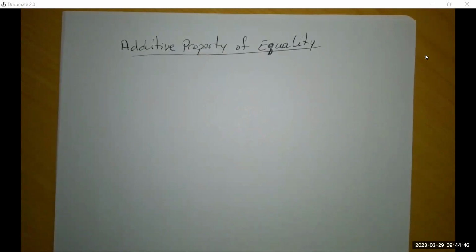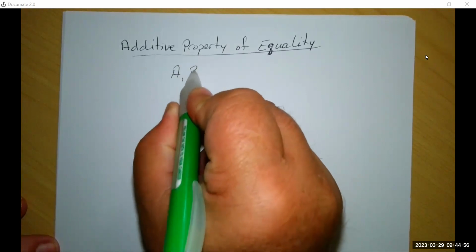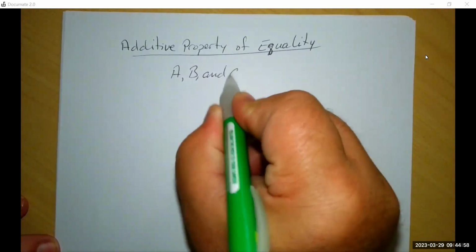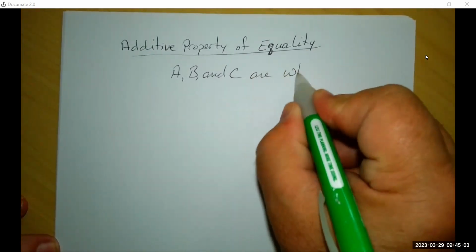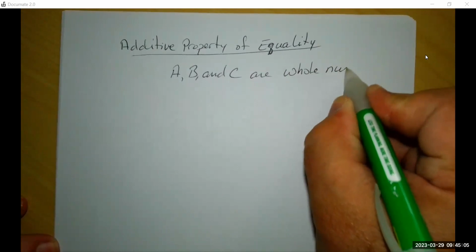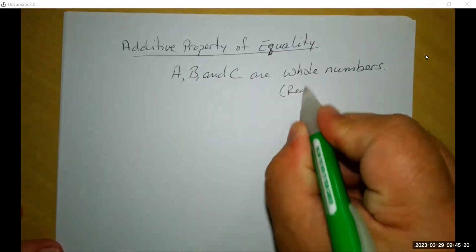It's pretty straightforward. We're going to look at A, B, and C. Right now, let's do whole numbers. But they could be anything. We're going to say they're real numbers. A, B, and C are real numbers. If you want to say real, that's a bigger set.